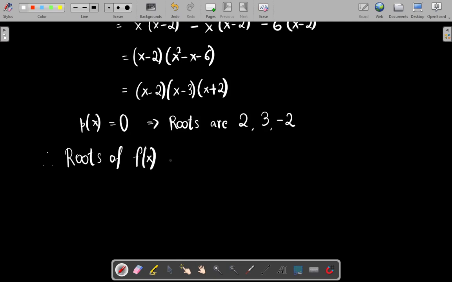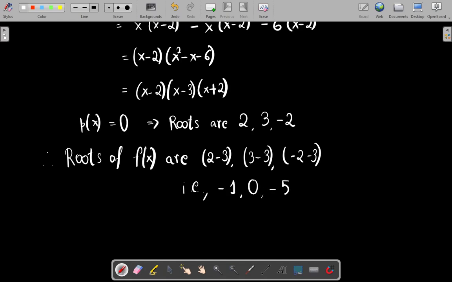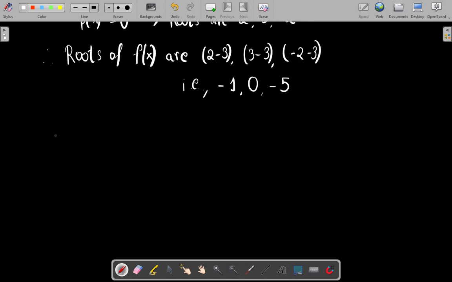So 2 minus 3, 3 minus 3, and minus 2 minus 3. So the roots are minus 1, 0, and minus 5.